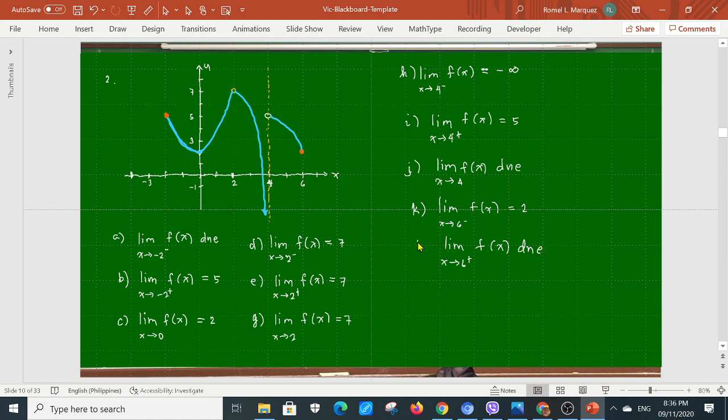K, J, K, L, M, limit as x approaches 6 of f of x is equal to what? Does not exist. Okay. We're done with the definition of limit intuitively.